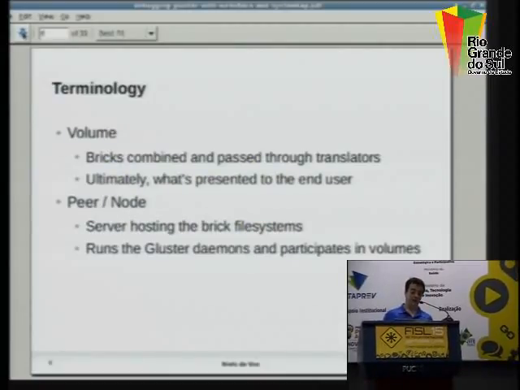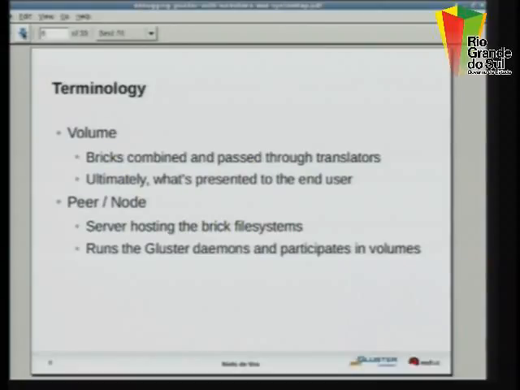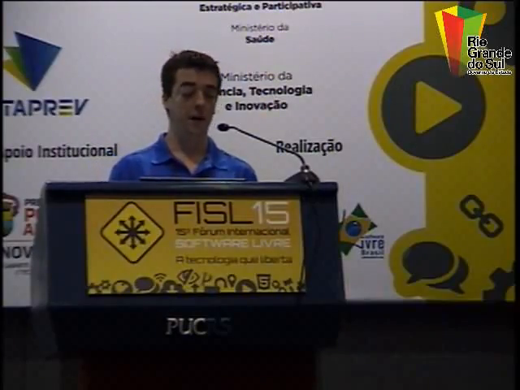With Gluster, all the servers, we normally call them peers or storage servers, are hosting these file systems. The clients themselves don't need to do anything. Any questions so far about how the basic Gluster infrastructure looks?